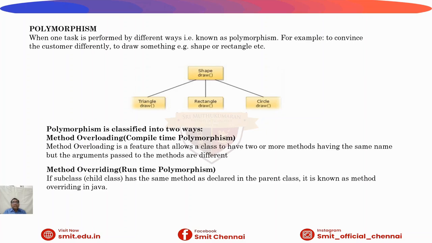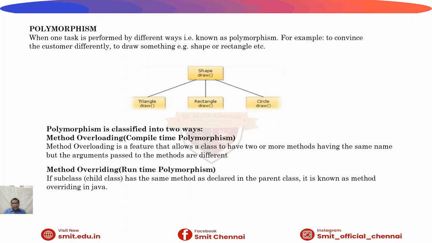When you see this diagram, we have the method called shape, and draw, shape draw. And you can see the other three methods, that is triangle, rectangle and circle. They also use the same method, that is shape, but the input values will be different. So this is what is called polymorphism.